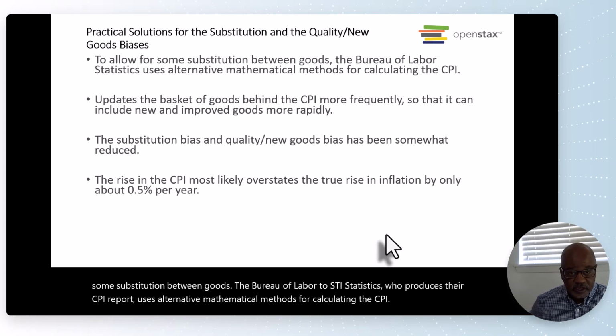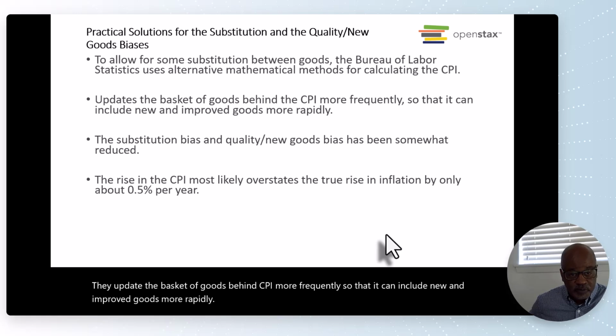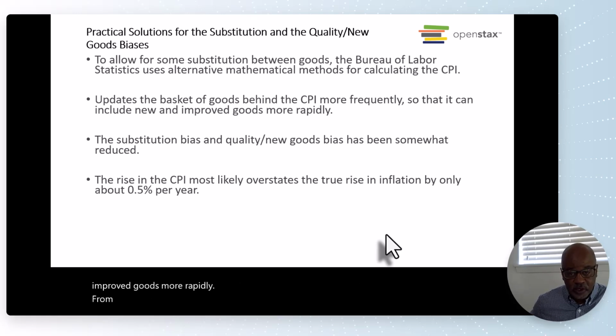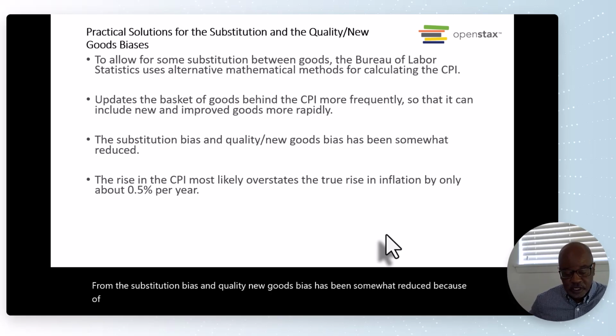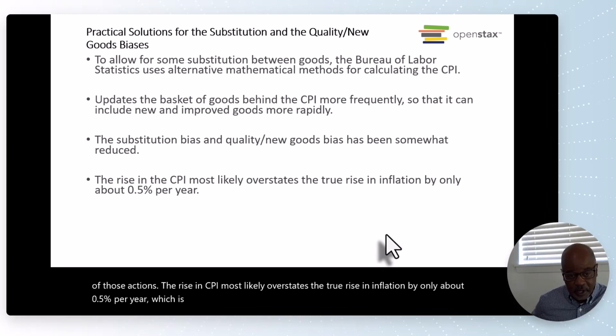They update the basket of goods behind CPI more frequently so that it can include new and improved goods more rapidly. The substitution bias and quality new goods bias have been somewhat reduced because of those actions. The rise in CPI most likely overstates the true rise in inflation by only about 0.5% per year, which is not bad or misleading.